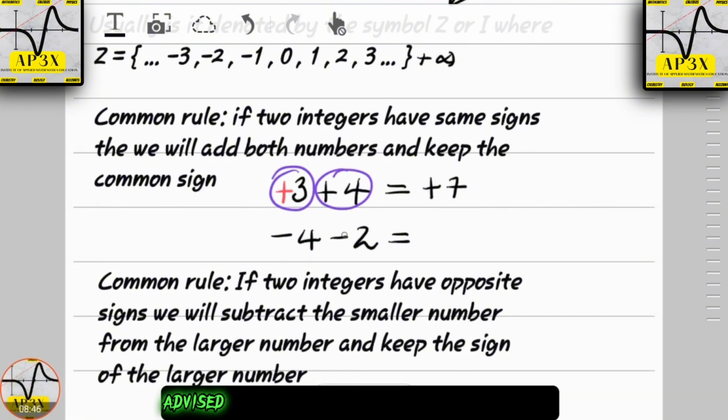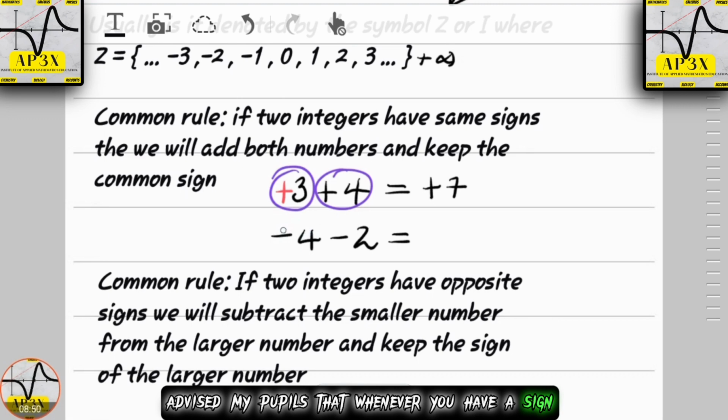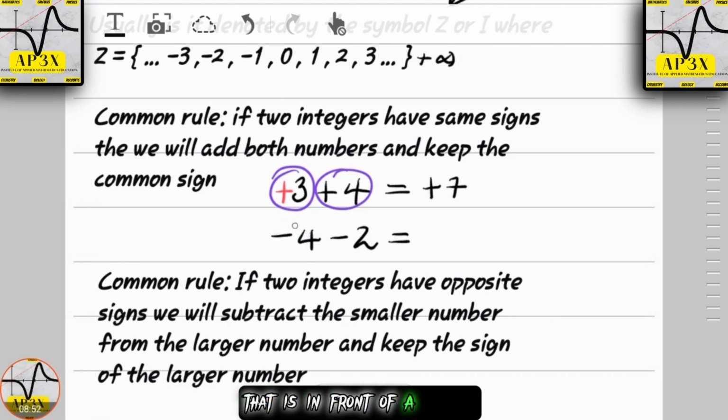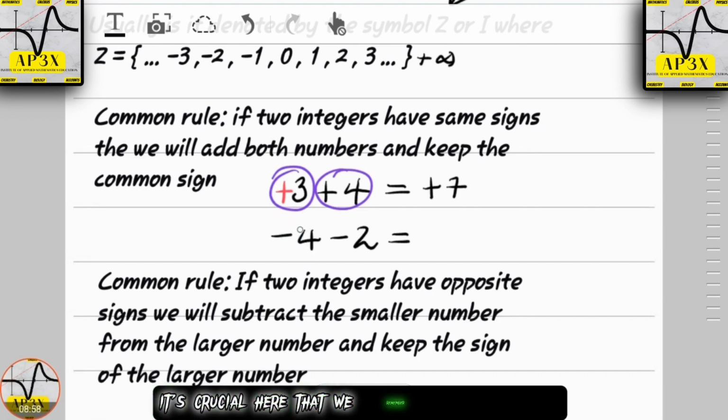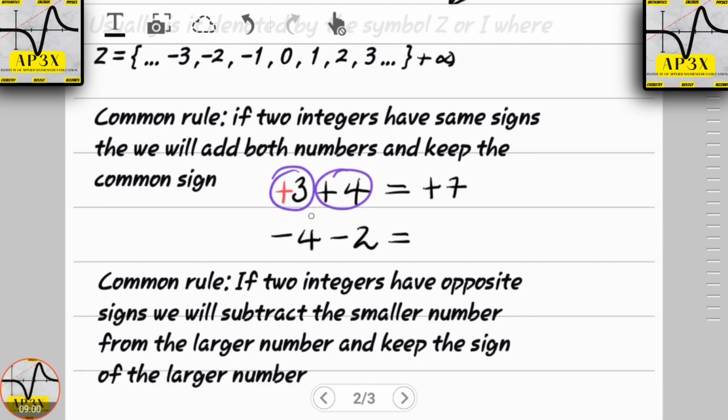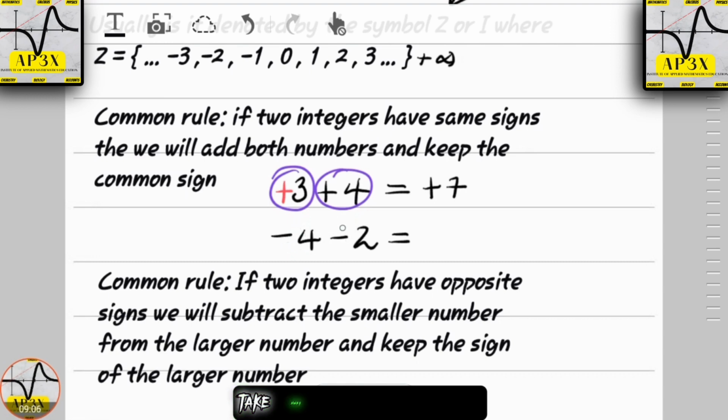What I've always advised my pupils is that whenever you have a sign in front of a number, that sign belongs to the number. So it's crucial that we remember this is not 4 take away 2. This is negative 4 take away 2, or negative 4 minus 2.